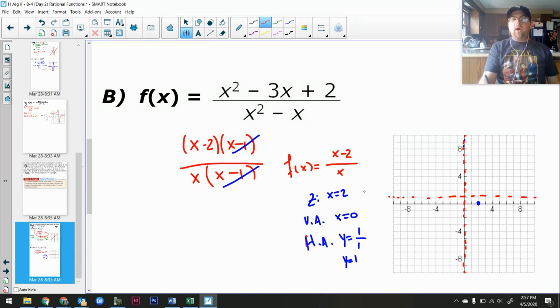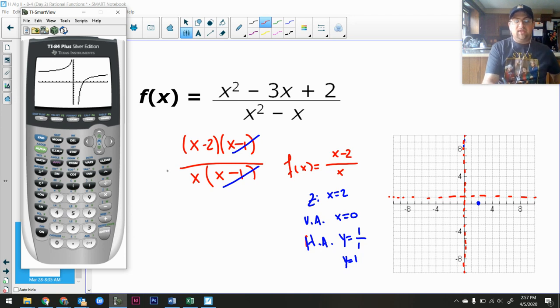Okay, now let's graph that. Let's see what that function looks like. This x minus 2 over x, parentheses x minus 2 divided by x. I'm going to graph that. Okay, makes sense.